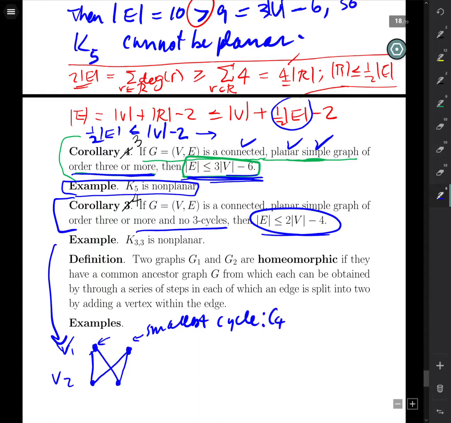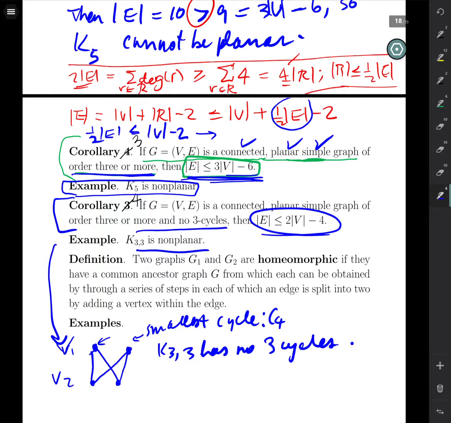So that means that corollary 4 does apply in the case of K33. So K33 has no 3 cycles. But let's count the number of edges and vertices there. It is also connected.